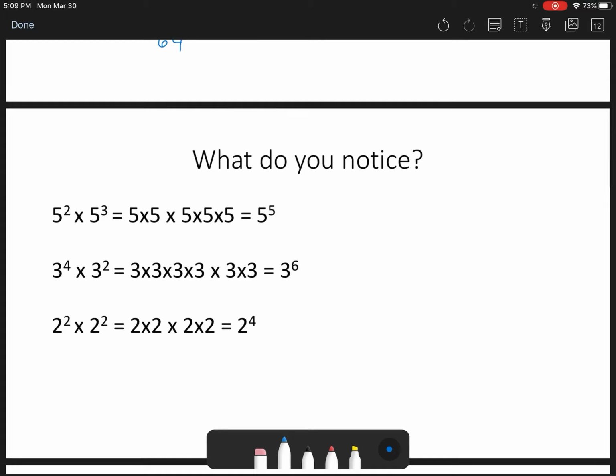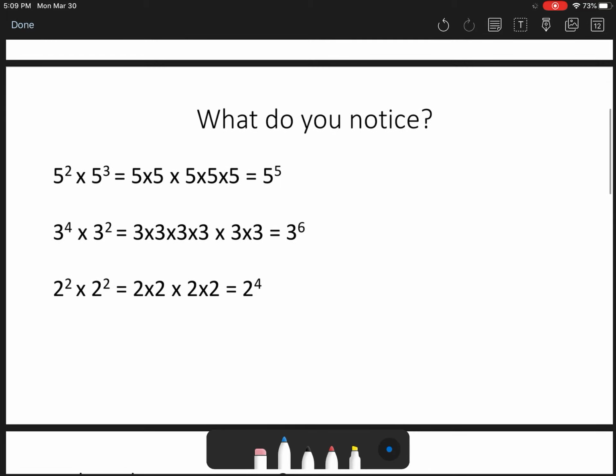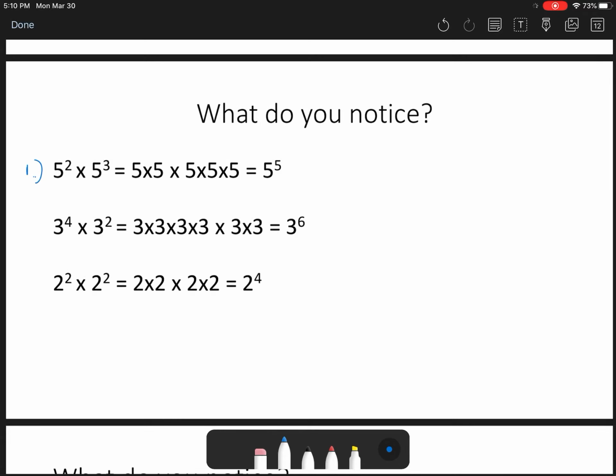All right, so taking a look here, what do we notice? Let's take a look at the first one, 5 squared times 5 to the 3rd. If I write this out the long way, 5 squared means 5 times 5, and 5 to the 3rd means 5 times 5 times 5.